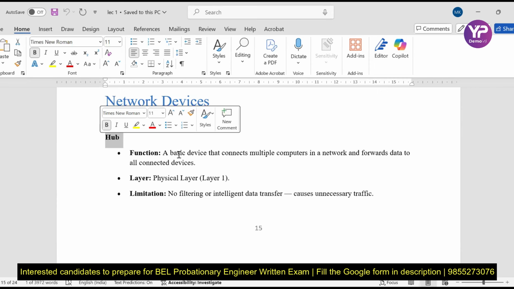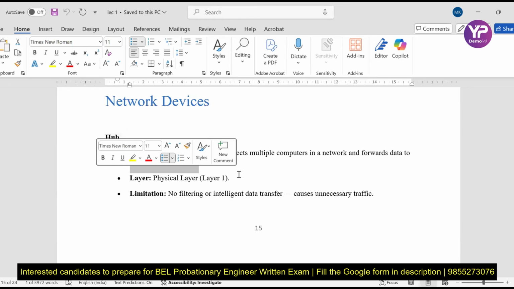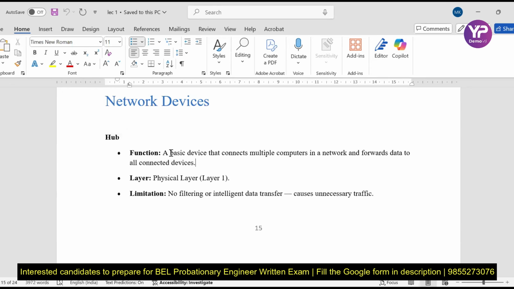The function is a basic device that connects multiple computers in a network and forwards data to all connected devices. This line is very important: all connected devices. You can consider hub as a central device.